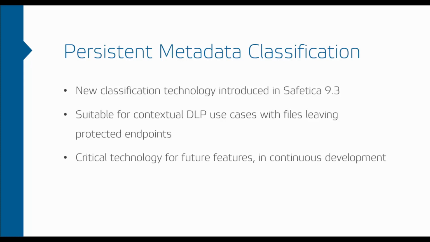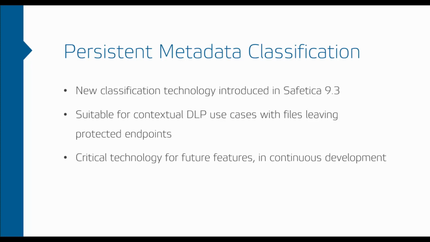Also, you may already know from the previous version, we have introduced the metadata classification. This is a critical technology for us for future features, and it's in continuous development. This allows us to integrate with Fortinet products and other appliances. It basically allows us to transfer the classification.